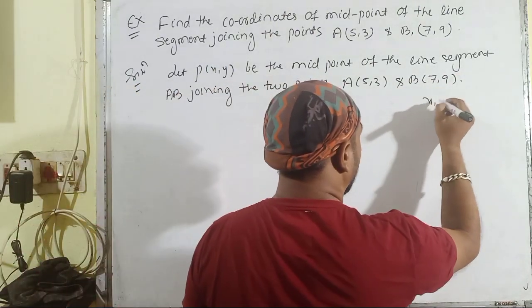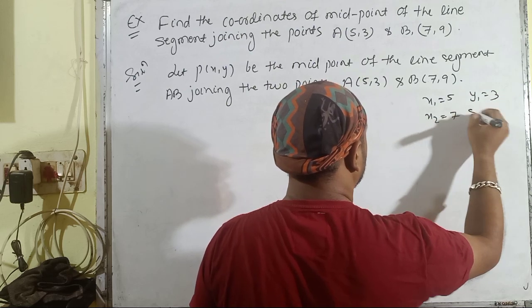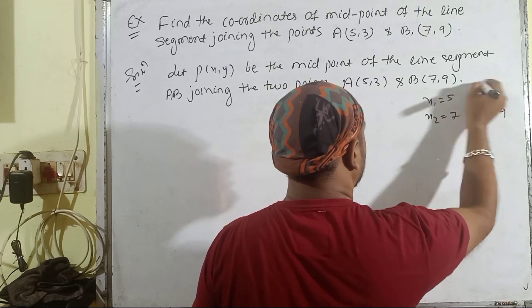That is, here x1 is equal to 5, y1 is equal to 3, x2 is equal to 7 and y2 is equal to 9.